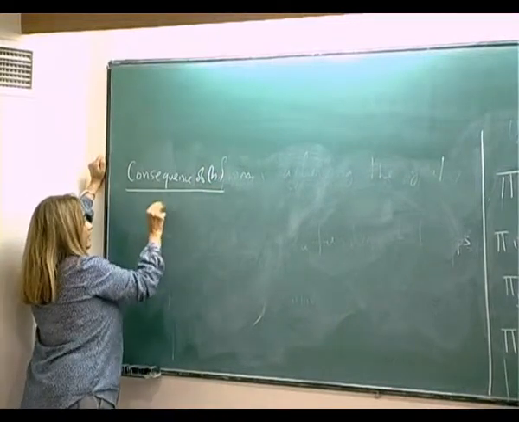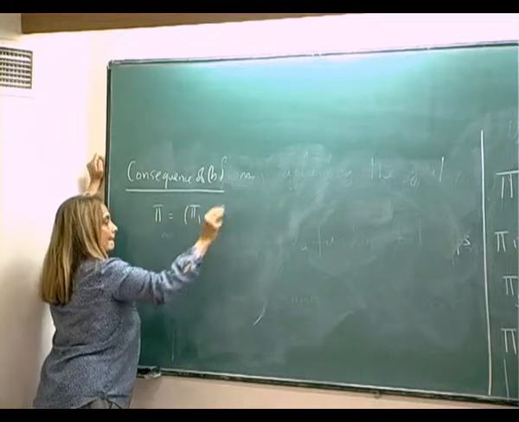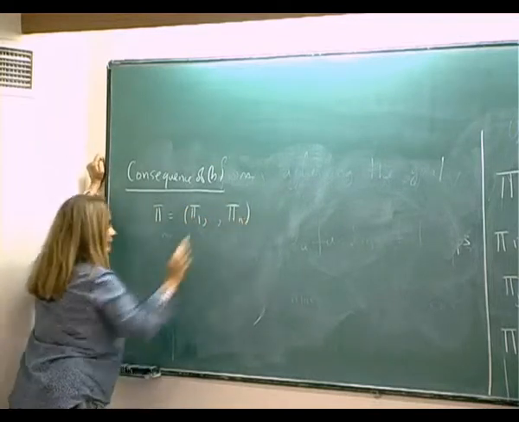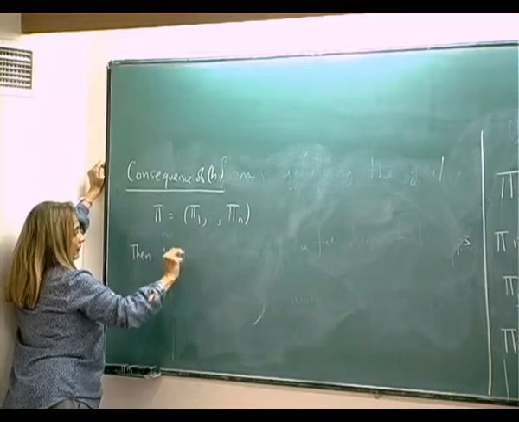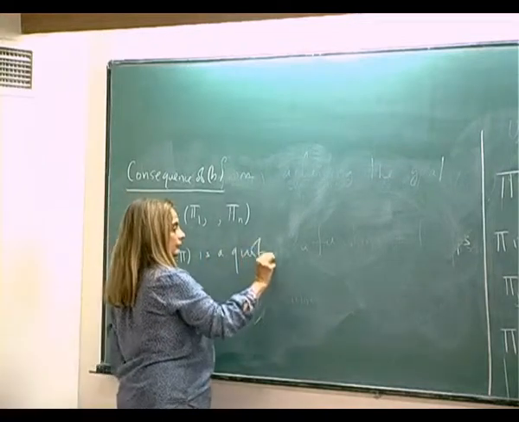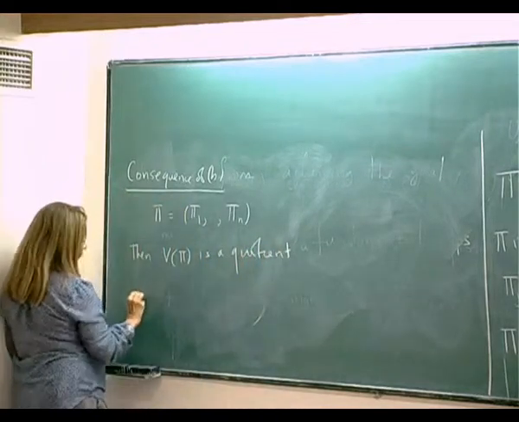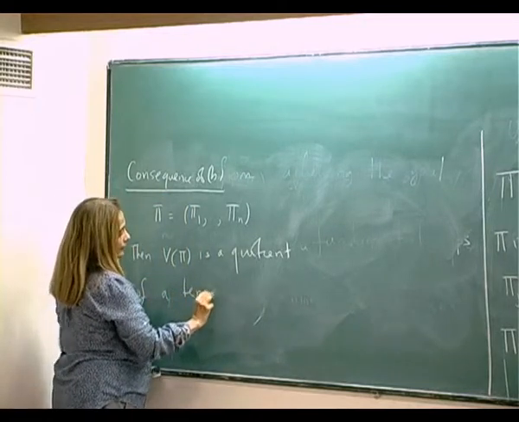Supposing I take pi as an arbitrary collection of Drinfeld polynomials. Then V_pi is a quotient of a suitable tensor product of fundamental representations.